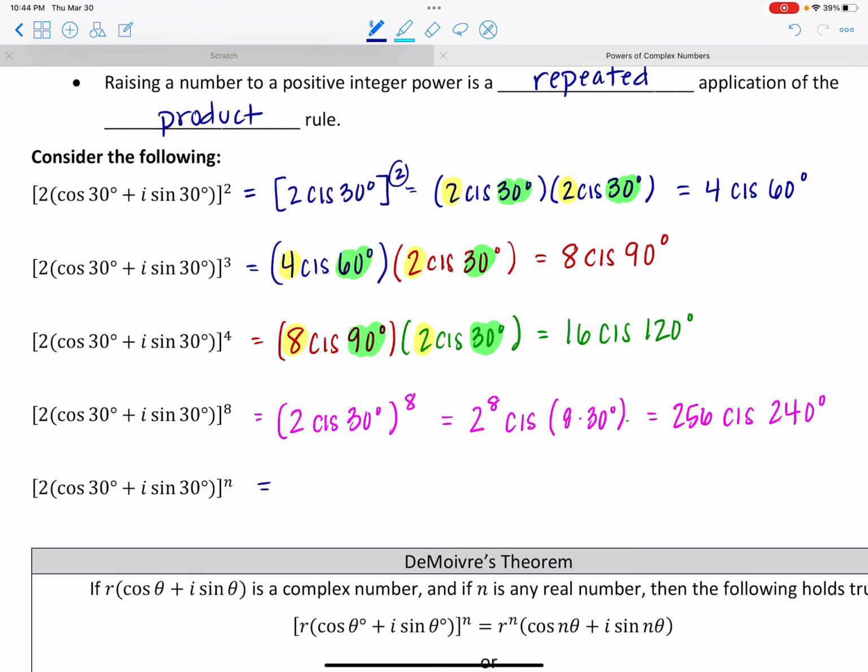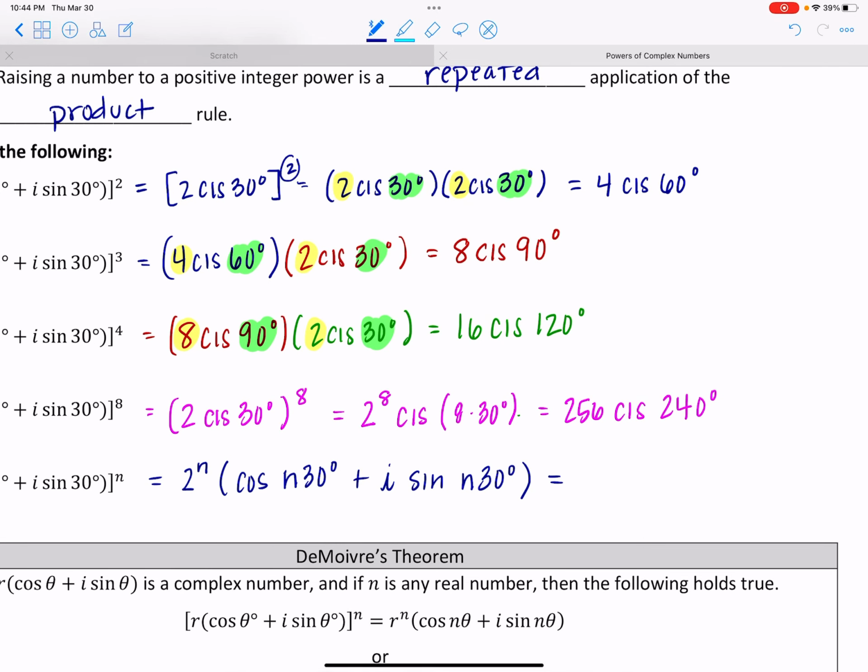So we could say this would be 2 to the nth power times the cosine of n times 30 degrees plus i times the sine of n times 30 degrees, or the compact form 2 to the nth power, and then cis n times 30 degrees.